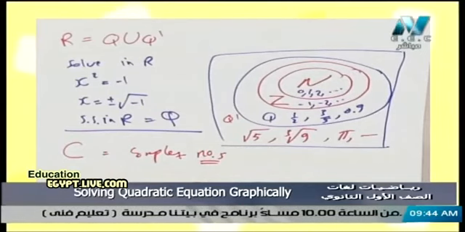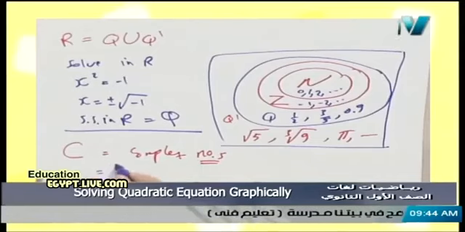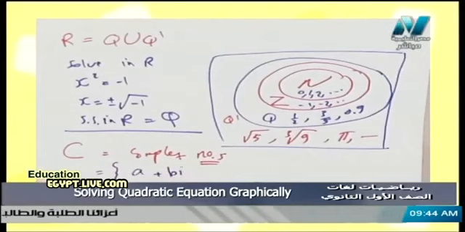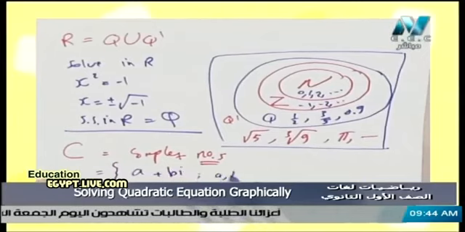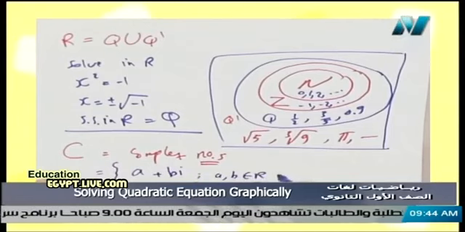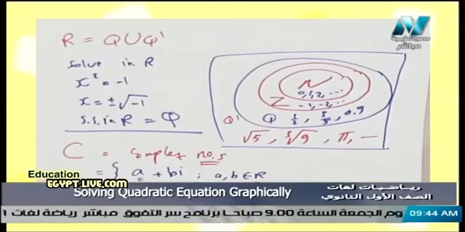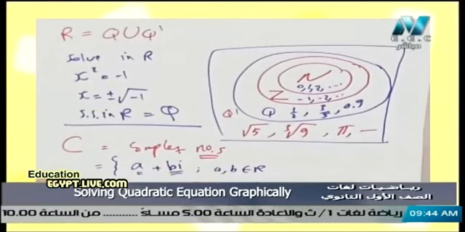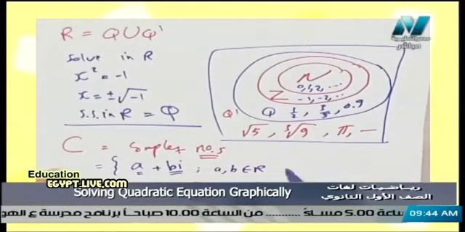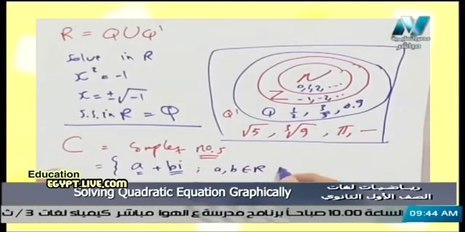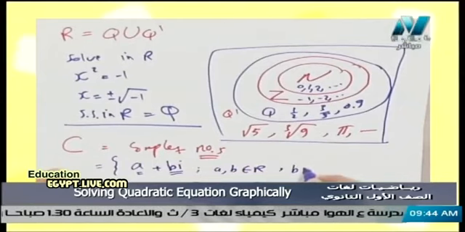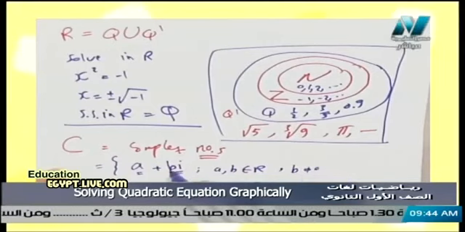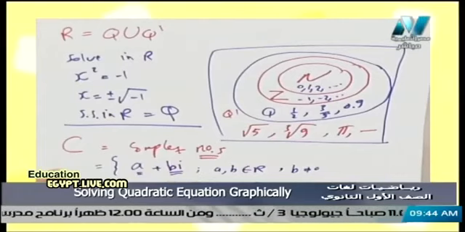Okay, and the set of complex numbers here is any number that can be put in the form A plus Bi, where A and B are reals. We can say that A is the real part and Bi is the imaginary part. And B of course doesn't equal 0, or even if it is 0, then it will be a real number.